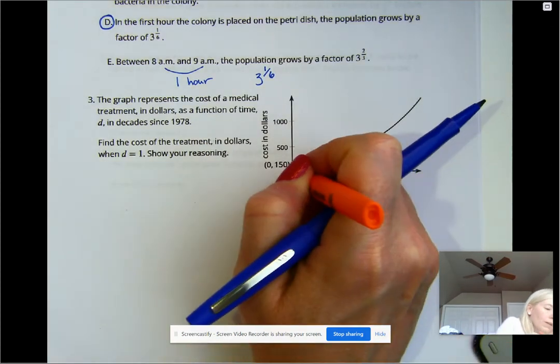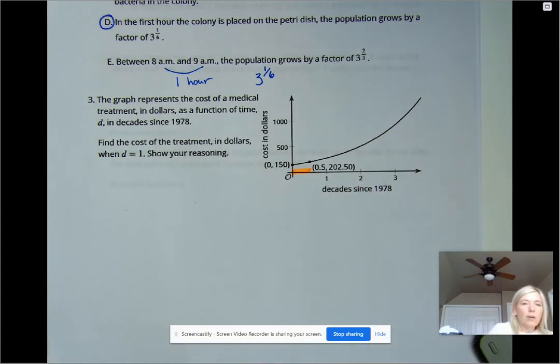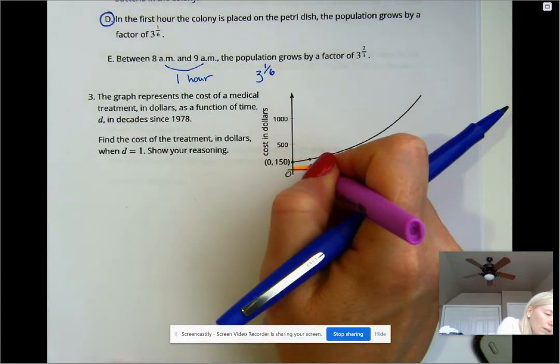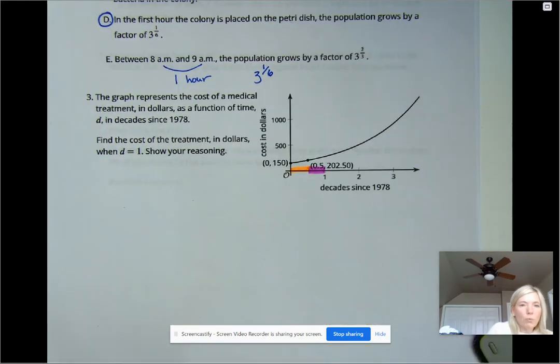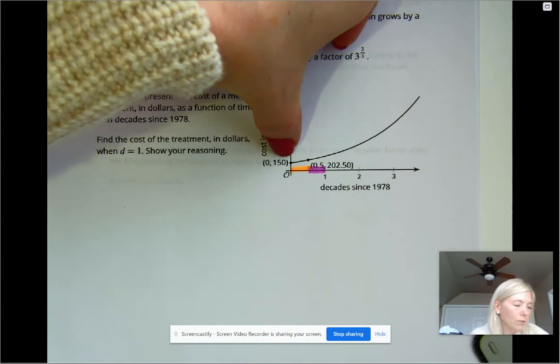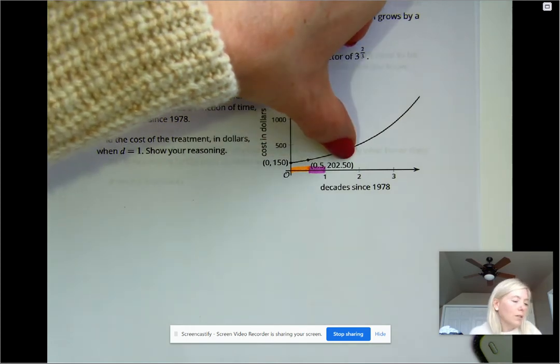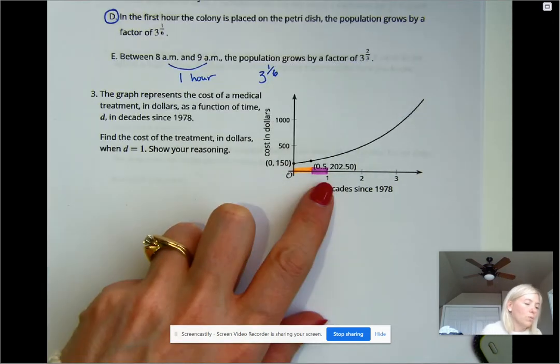So I have that first interval from 0 to 0.5, and that's an equal interval of time from 0.5 to 1. So if I can figure out what the factor is between 150 and 202.5, I can then use that to figure out when D is equal to 1.